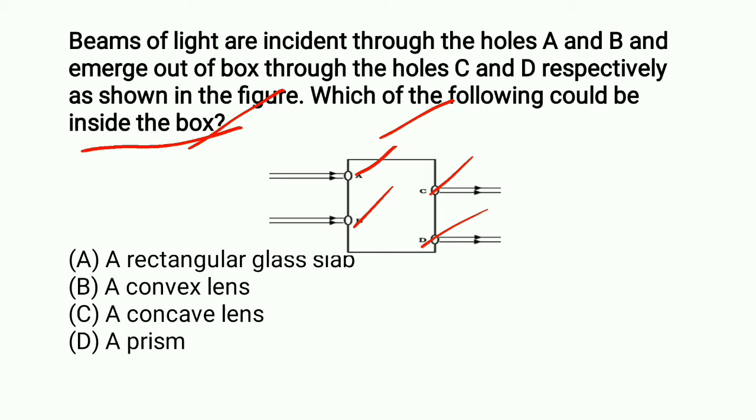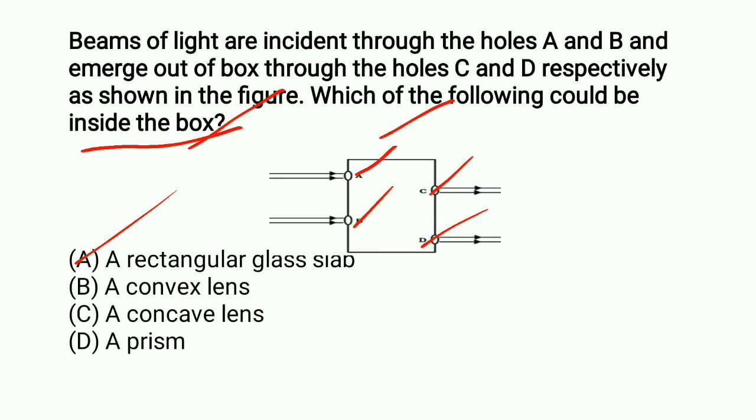We have option A, a rectangular glass slab, option B, convex lens, option C, a concave lens, and option D, a prism. So here the first option A is a rectangular glass slab. You can see here, whenever the light travels from one medium to another medium, the light is going to bend.